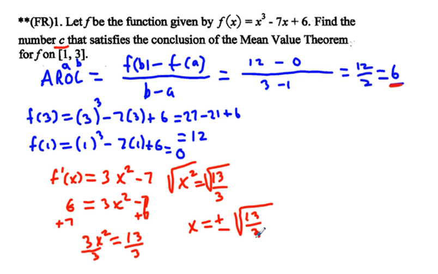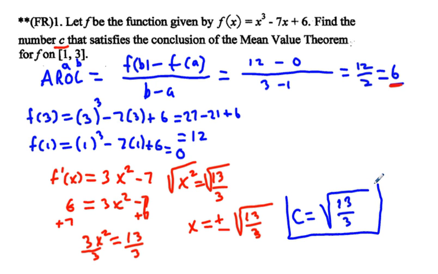And let's see, 13 thirds is going to be a little bit bigger than 4, so the square root is going to be a little bit bigger than 2. So we're going to be able to eliminate the negative one. So our number c, where the slope is the same, is going to be the square root of the fraction 13 over 3, a little bit bigger than 2.